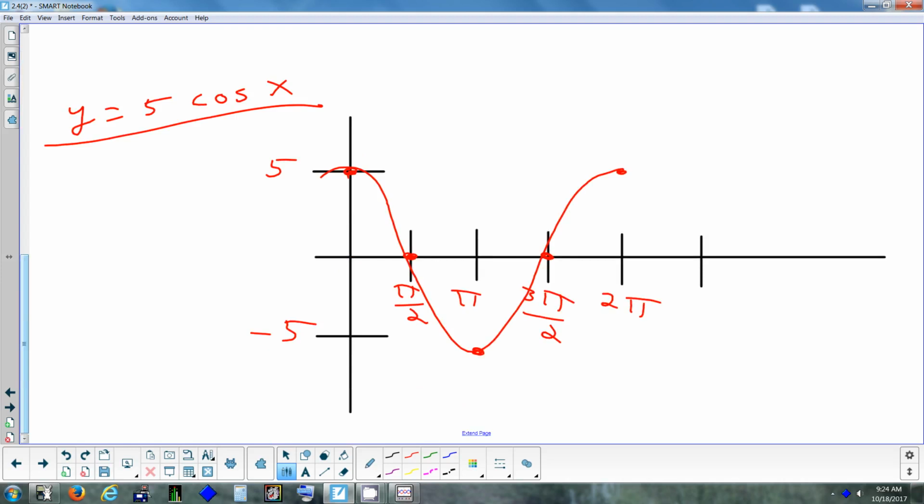So if that's how we do it, which that is how we're going to do it, when we have to graph something, we're going to change the scale, then all our graphs are going to pretty much look the same. Okay? So doing it this way is not good for comparing one graph to another, because the graph of 5 cosine x and 3 cosine x, I use the exact same graph. But what I did is I changed my scale.